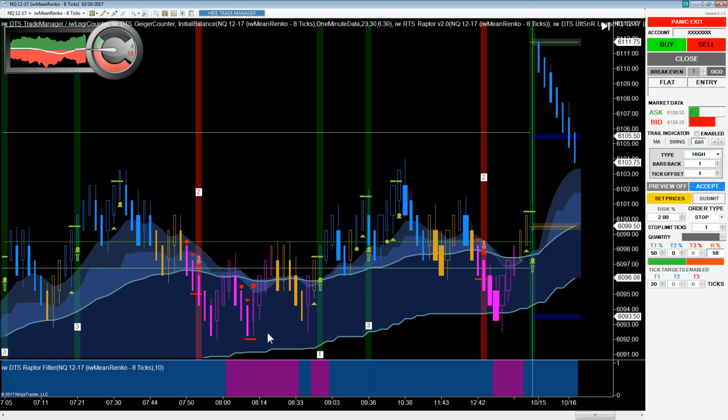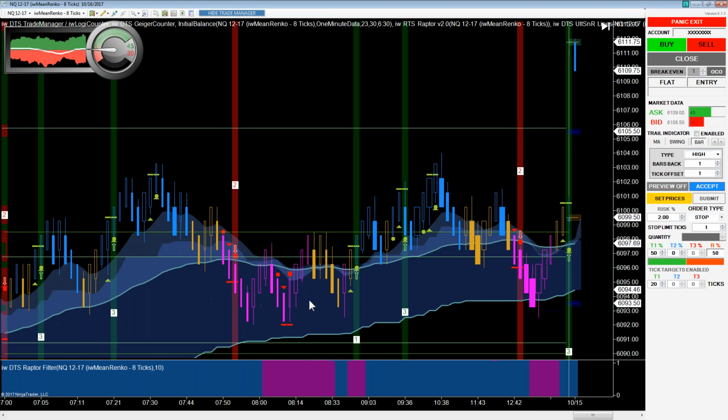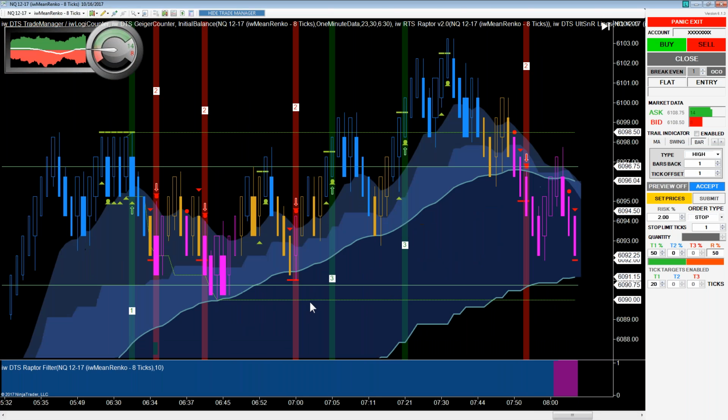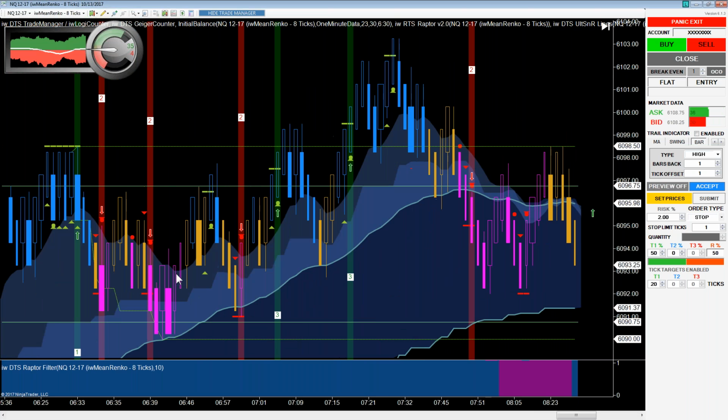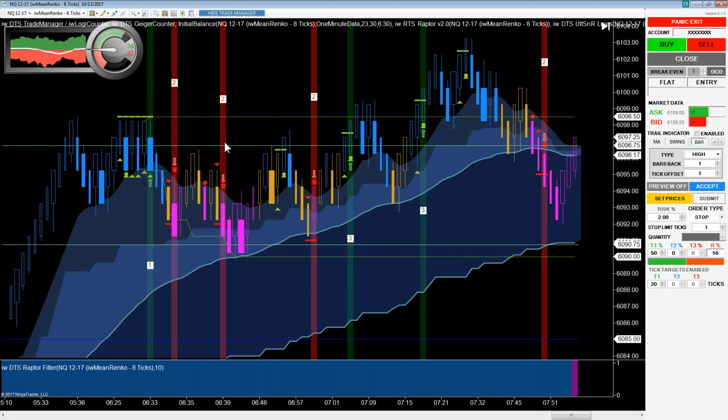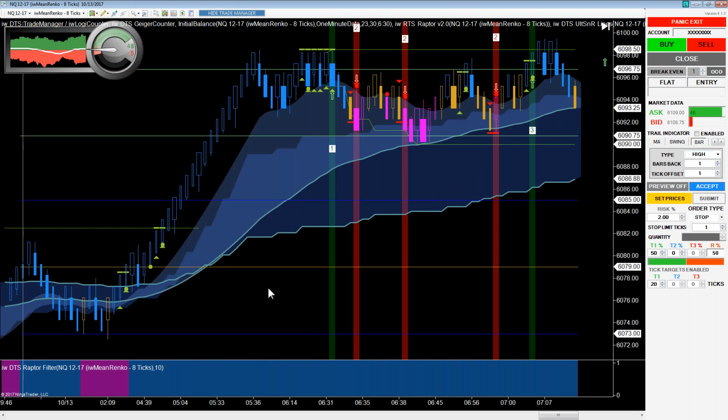But that said, I'll even take a with trend signal if the Raptor filter is out of sync, if the conditions are right. It's hard to give you a good illustration because the market conditions over the last few days have just been dismal. Everything's so sideways, a lot of repeating signals, no real follow through.